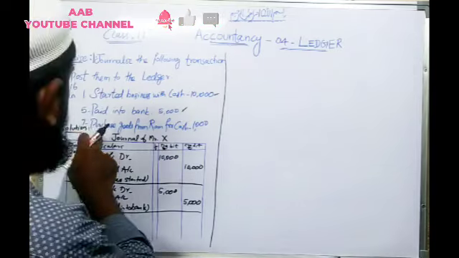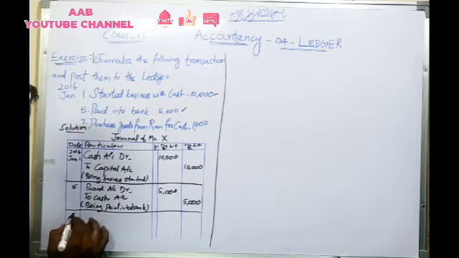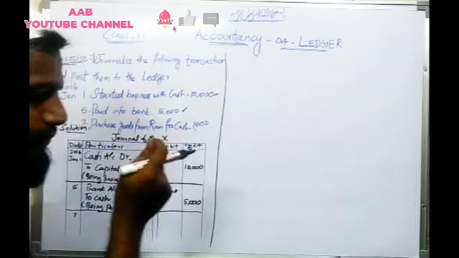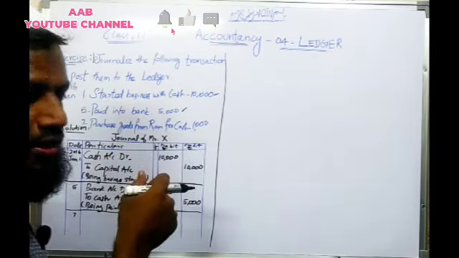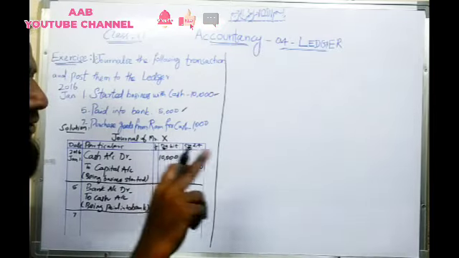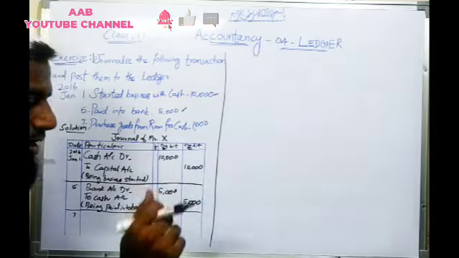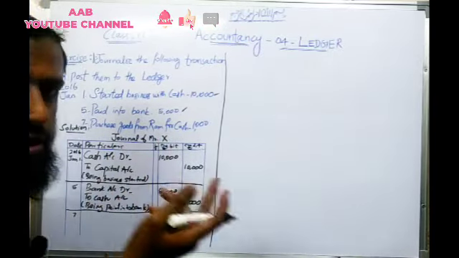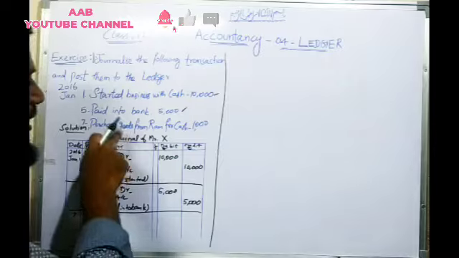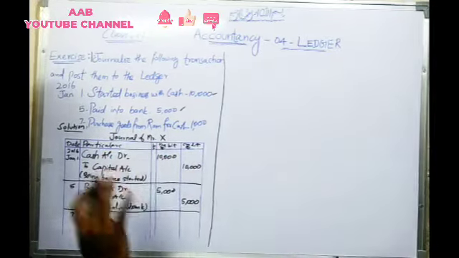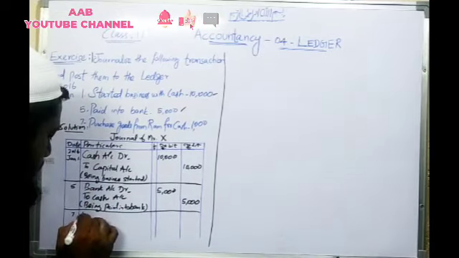The third transaction of the journal is date 7, purchased goods from Ram for cash. We purchase the goods from Ram with cash, so cash will go out. What comes in is purchase. What was purchased is not given, whether furniture or machinery, so we record only the purchase account.